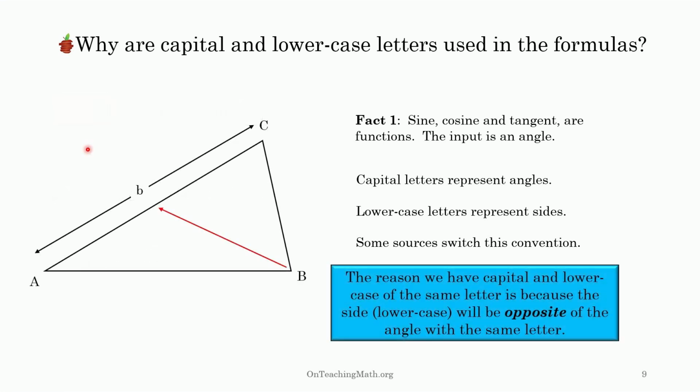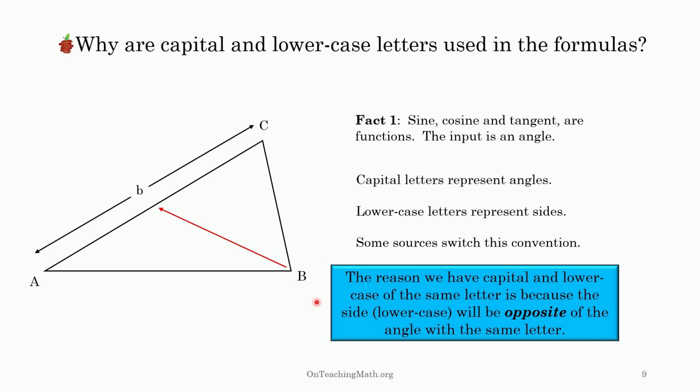So the reason we have upper and lowercase letters is because when they're the same letter, we're saying that those things are related, and we're able to do that without showing a picture like you see here. So in the formulas, you see a capital B and a lowercase b in there together in a ratio. That means they're related, right? That's the side and the opposite angle, or the angle and its opposite side, like here.